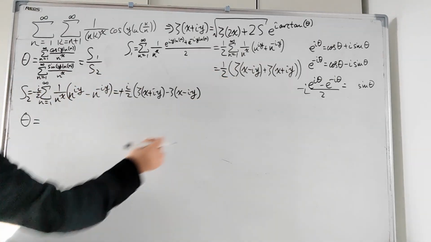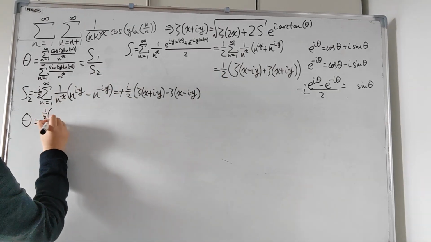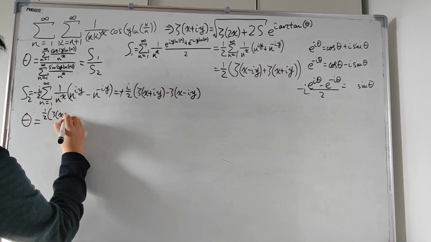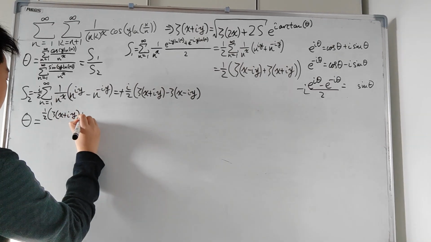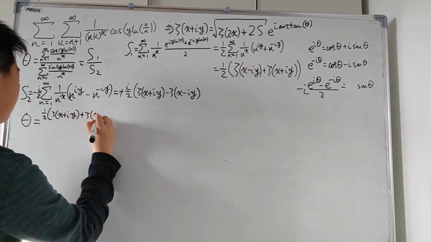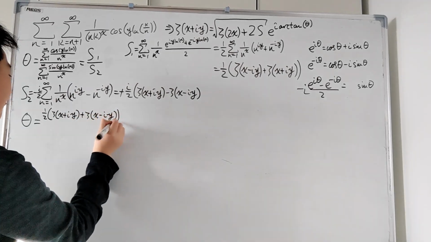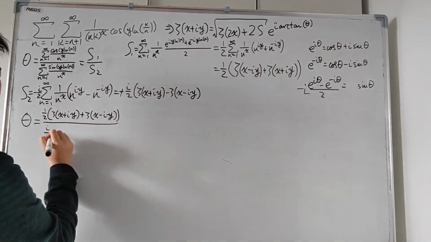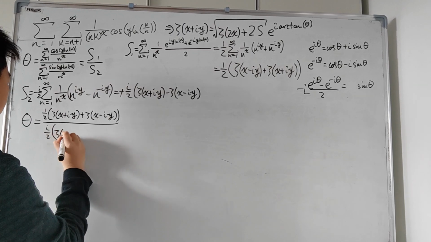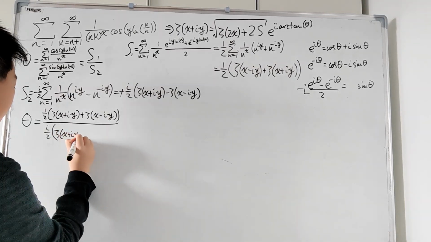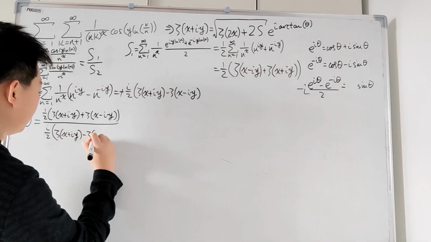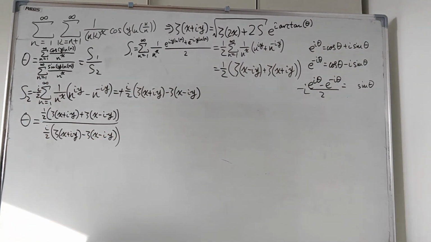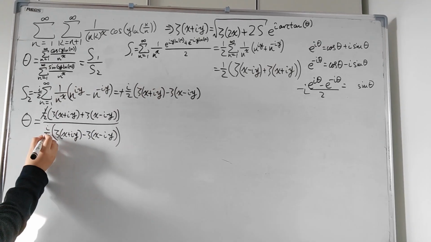So that's going to be this thing first, 1/2 times zeta of x plus iy, plus zeta of x minus iy, over here we have positive i over 2, zeta of x plus iy minus zeta of x minus iy. There you go. And then the 1/2 cancel.